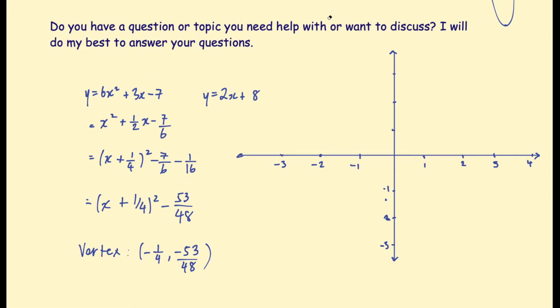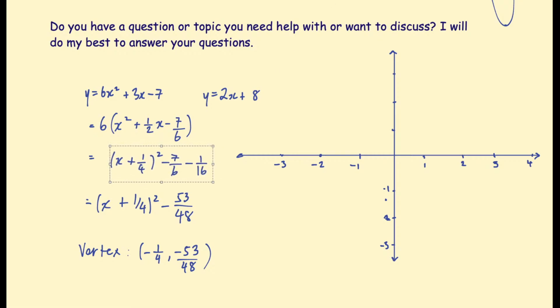Sorry. Yeah, I meant to factorize the 6 out, not divide through by 6. Apologies. I'm messing up my algebra there. So you can't just divide through by 6, you have to factorize it.